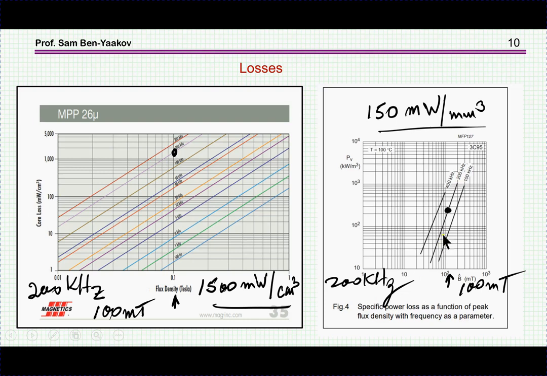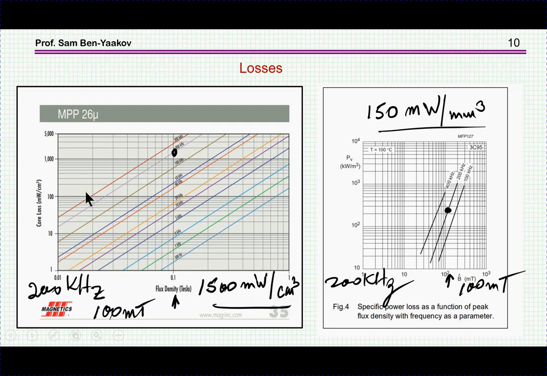So now going back to the comparison, if we look at 200 kilohertz, for a 100 millitesla peak excitation, we see here about 150 milliwatt per centimeter cube, while here we're going to have 1500 milliwatt per centimeter cube.